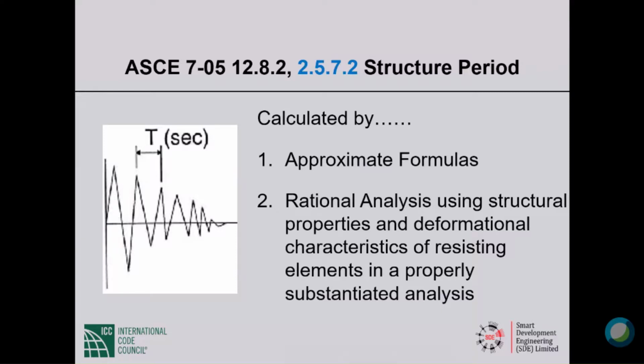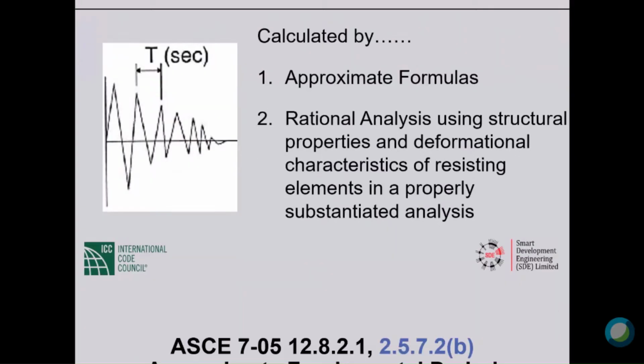And that is not the idea behind the privilege of rational period computation. That is not supposed to be a license to lower the design base shear as much as you would like. So there is always a limit on rationally computed period. You can calculate as long as you want it to be, but you cannot use any larger than a multiplier times the approximate period. So that is the overall picture.